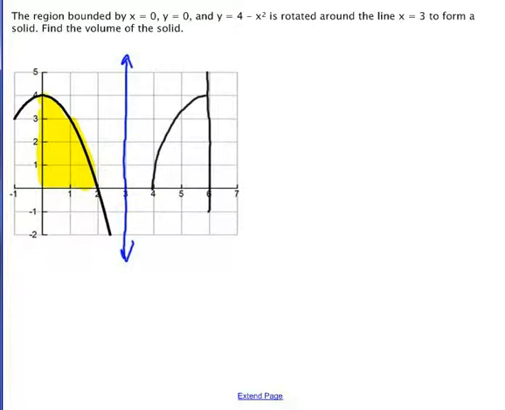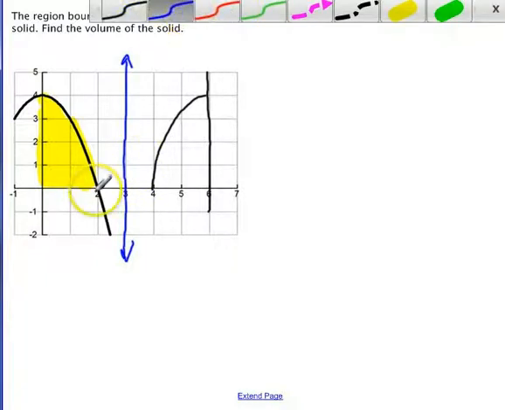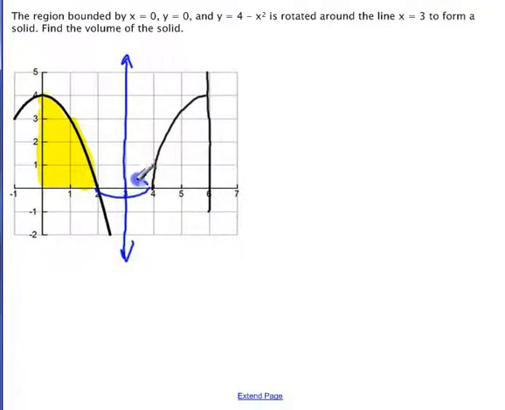And so this right here is a hole. This is the base of the solid part. Okay? And the top of this thing is coming around like this.